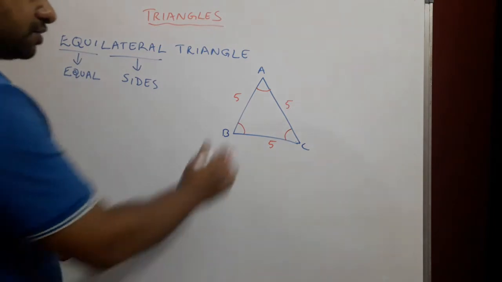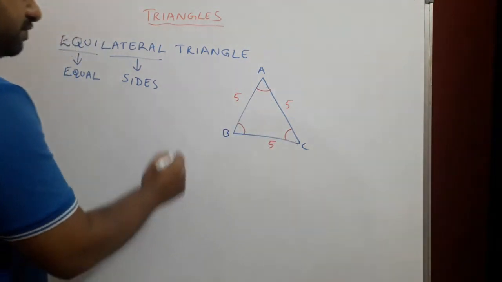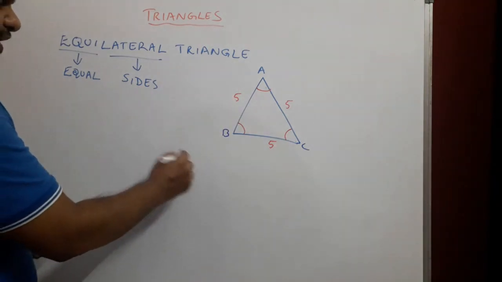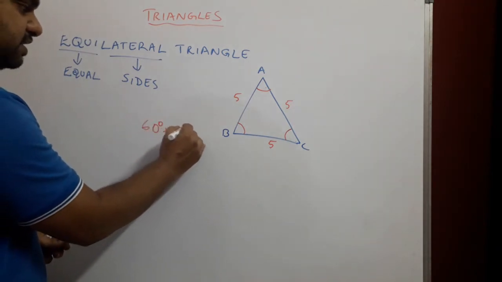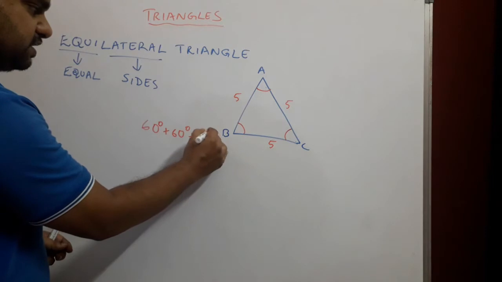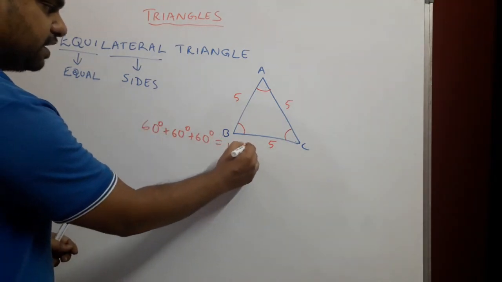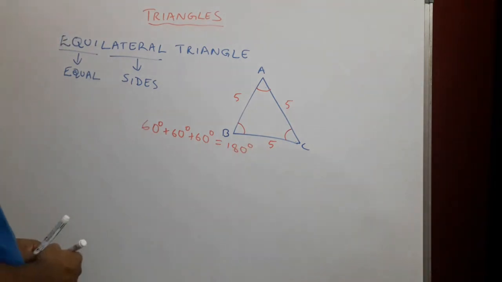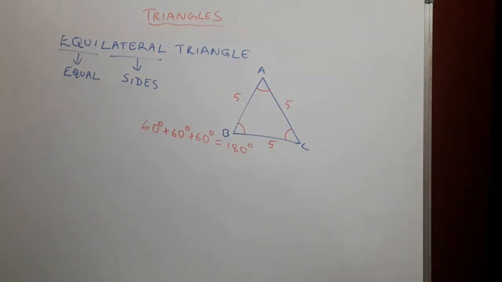So if the three angles are all equal, one particular angle should come to 180 in total, and that happens only when each angle is 60 degrees. So we have 60, 60, 60 degrees. That gives us 180 degrees. So that satisfies that property of a triangle, that the sum of all angles of a triangle should always be equal to 180 degrees.